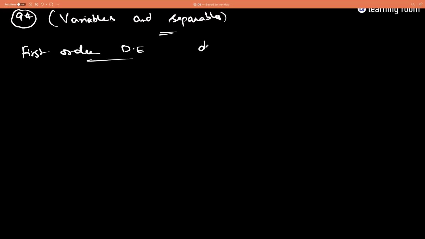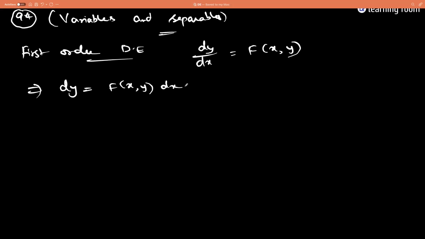And if the first order differential equation is of the form dy by dx is some function of x comma y, then what you're supposed to do is dy will be equal to f of x comma y times dx, and then integrate on both the sides. This is what is called variables separable.